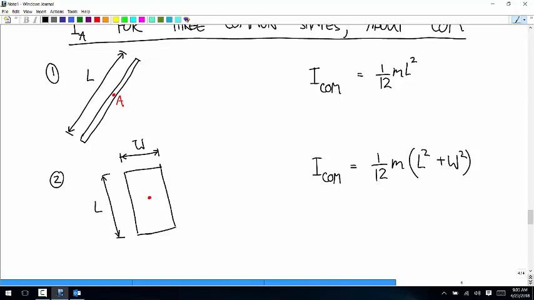And the fact that W is squared in the rectangle formula is why assuming an infinitely slender rod is a reasonable approximation in a lot of cases. Because imagine you have a rectangle that has a thickness of 1/10 of a meter.